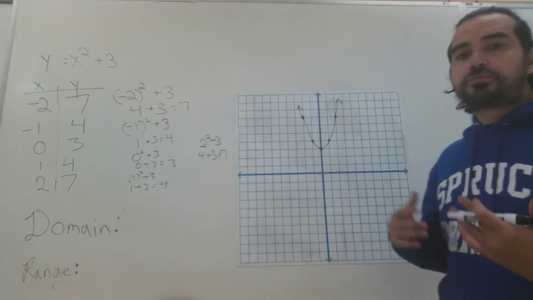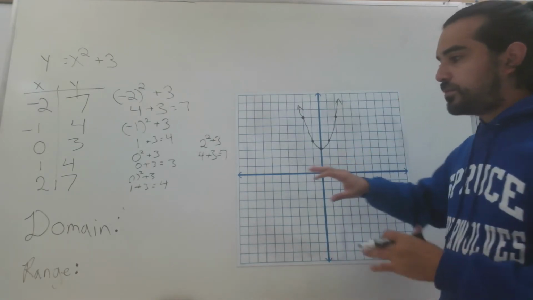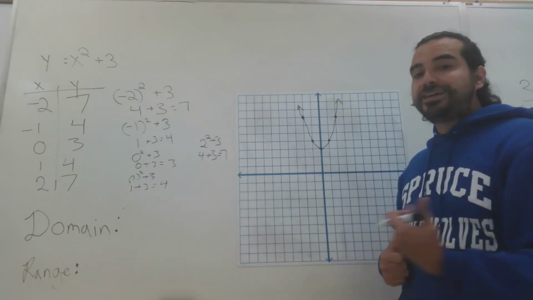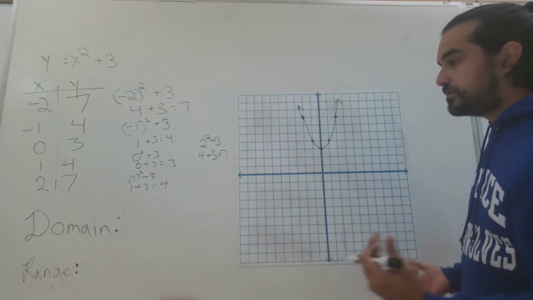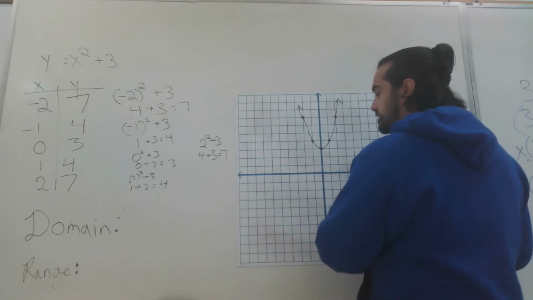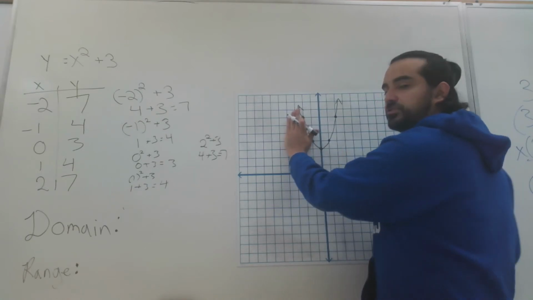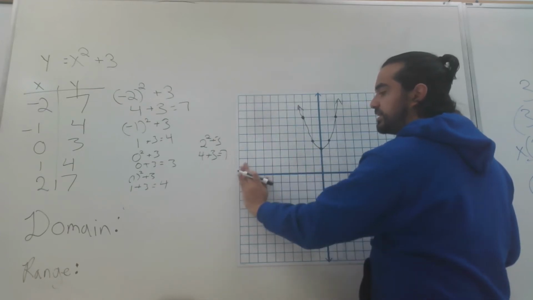So this right here is called a parabola. All right. So using the parabola, what we're going to do is identify the domain and range. Remember, domain is my x values, and it goes from left to right. On my x values, I look at the graph, and I see the graph continues. If it continues, it's going to continue to the left.